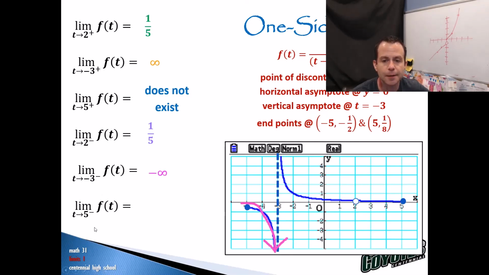And as t approaches 5 from the left, this time I do exist because I have something I can ride along. Okay, so as I approach 5 from the left, I will be approaching 1/8 because that's where that endpoint is. Okay?